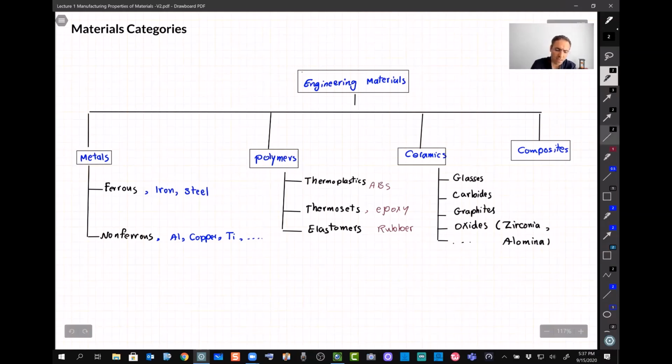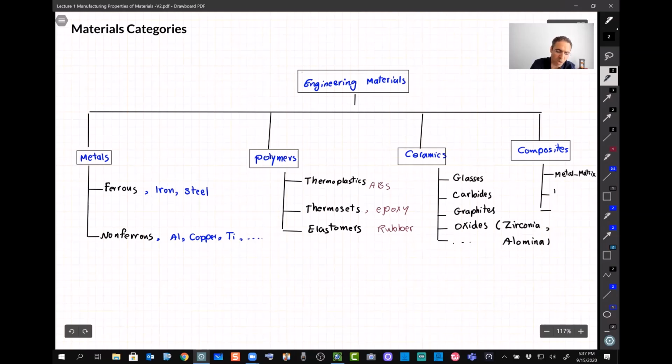And then composite material. Composite material, as I said, is a combination of a fiber and a matrix. We're going to have three main categories. The first category is where the matrix is metal, so we call it a metal matrix.